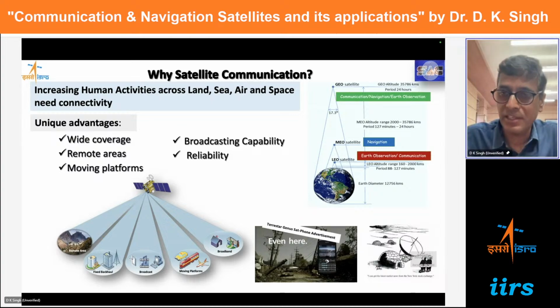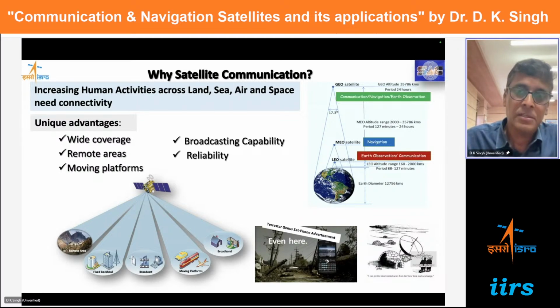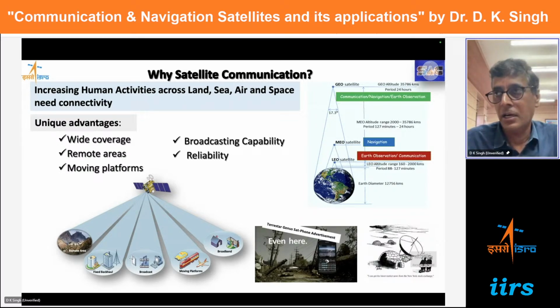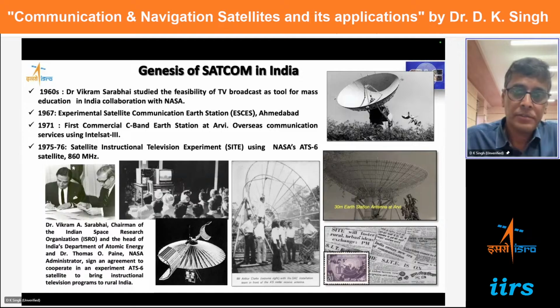And it is very reliable because the satellite is not impacted by natural disasters. The satellite is up in space. Of course, it has some other reasons to worry about, but not the reasons which generally damage the communication system on the surface of the earth. Now, it is important to know how we started in India.